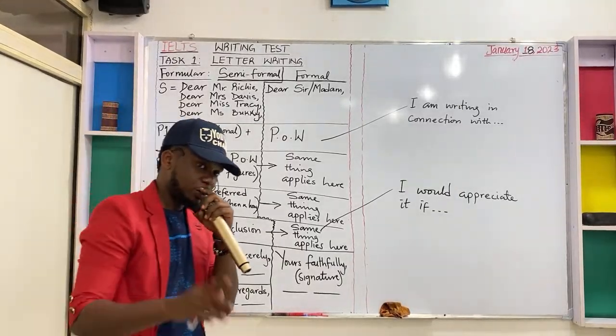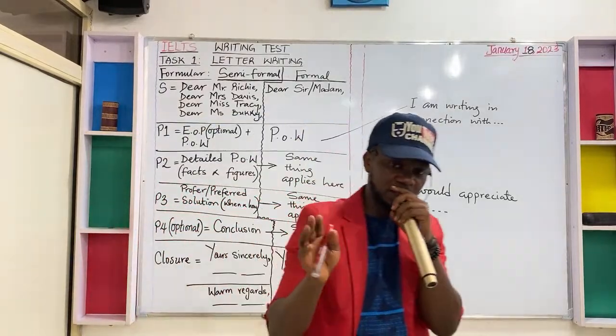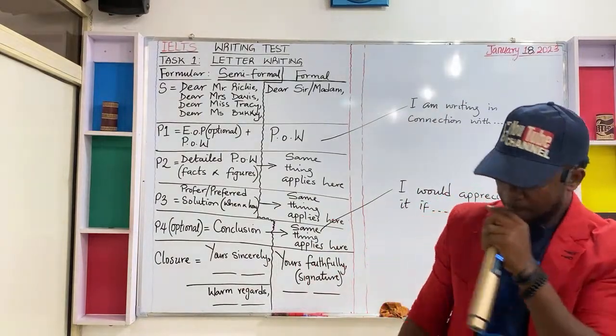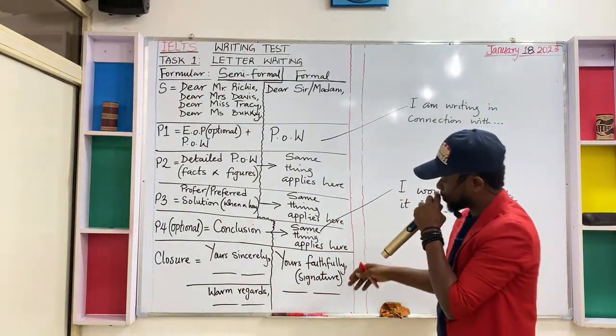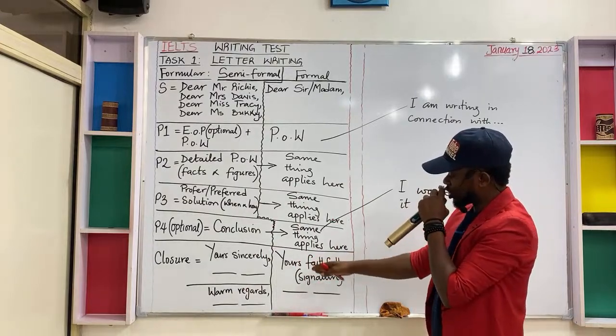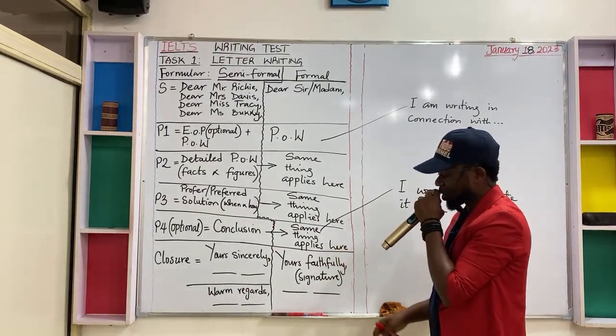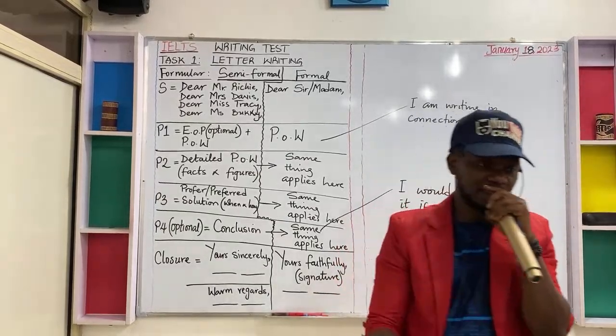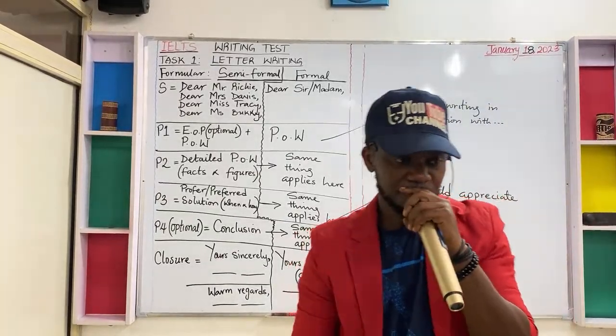And that's it. You do not sign, you don't need to append your signature for a semi-formal letter. But if it is a formal letter, you express yours faithfully, then append your signature, and then bring your first and last name. And that's it.